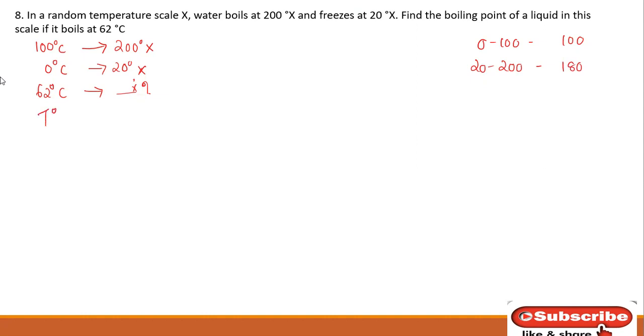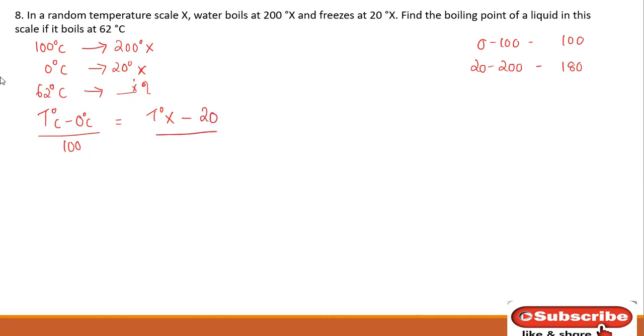So T degrees Celsius minus 0 degrees Celsius upon number of divisions, 100, will be equal to T degree X minus 20 upon 180, where 0 degrees Celsius is corresponding to 20.